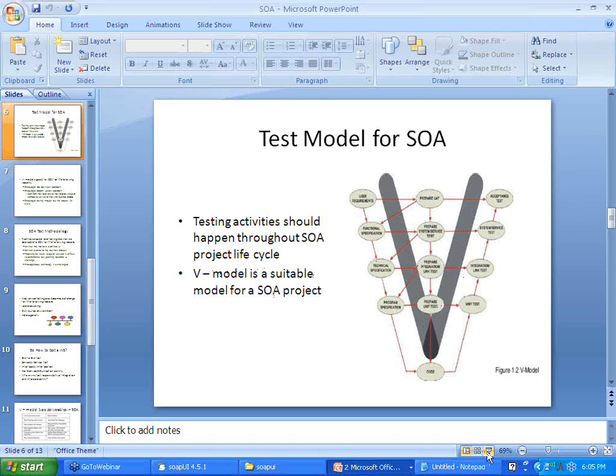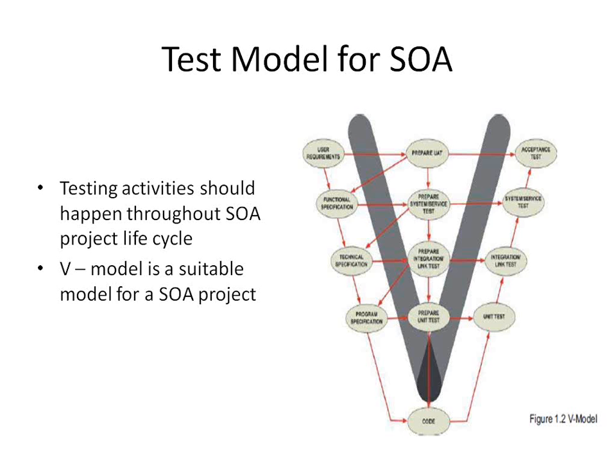Why? Because, let us have a look at this diagram more closely. See, your user requirements arrive, and then at that point your user acceptance test is prepared. The document gets prepared, and then your functional specifications are derived, and you check whether your functional specification is in line with your user requirements.